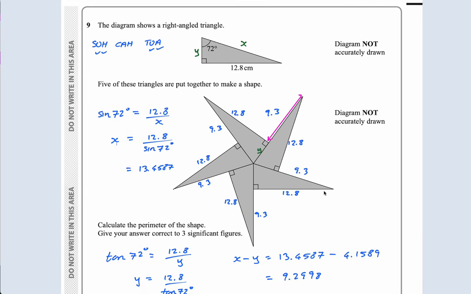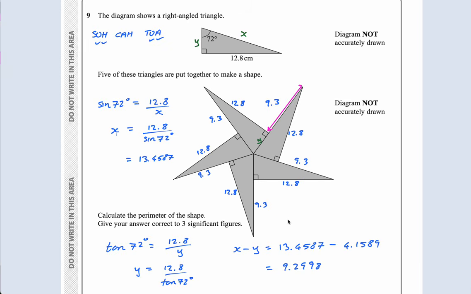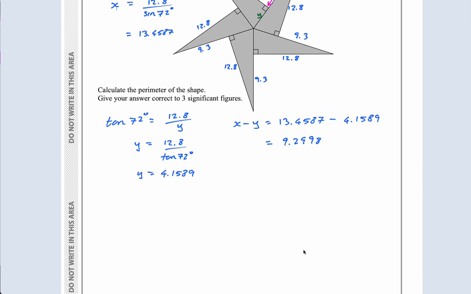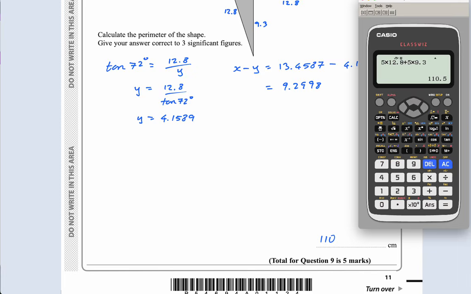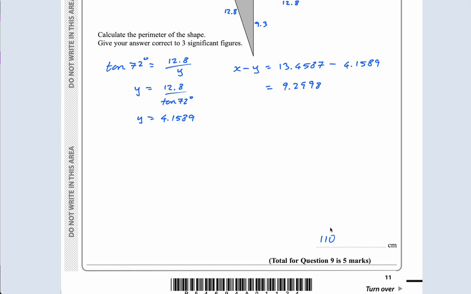So this is 110.5. Now what does he say? 3 significant figures. 110.5 rounded to 3 significant figures would actually be 111. Now I'm not sure if the mark scheme did give that.